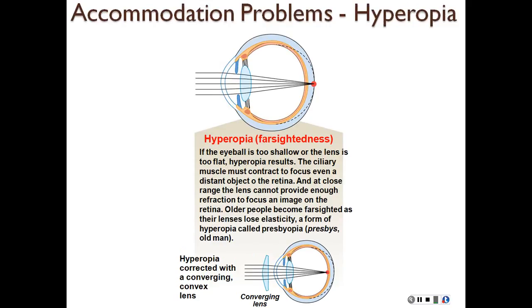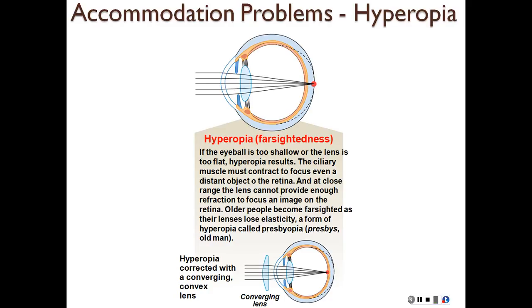the retina. And as we get older, we become farsighted. You may notice older people reading the newspaper, pull it away from their face. So that is what happens the older we get. Older people become farsighted as their lenses lose elasticity.